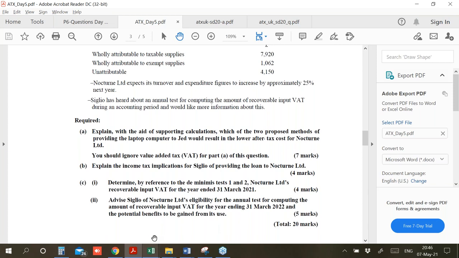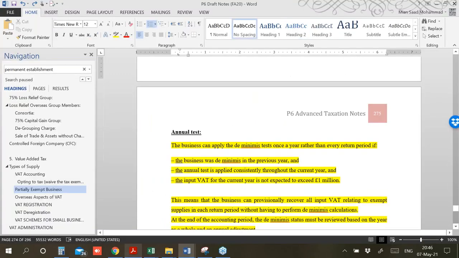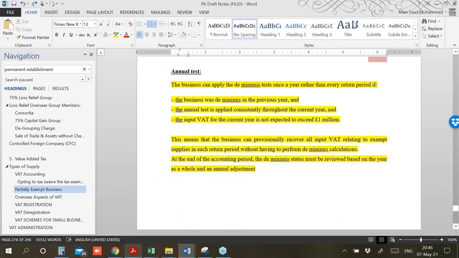But there are certain conditions to qualify for the annual test. And what are these? In my notes, under the de minimis limits, I have mentioned them. The business can apply the de minimis test once a year rather than every return period if the business was de minimis in the previous year, if you have consistently applied the annual test throughout the last year, and if your total input VAT this year, total meaning VAT from all sources, is less than 1 million.